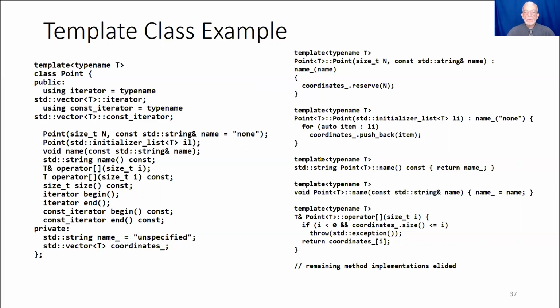And so on. I've elided some of the methods, but basically this is a nice example of a template class and some of the advantages of template classes. Now, I get a lot of flexibility here because I can simply substitute different types for T.